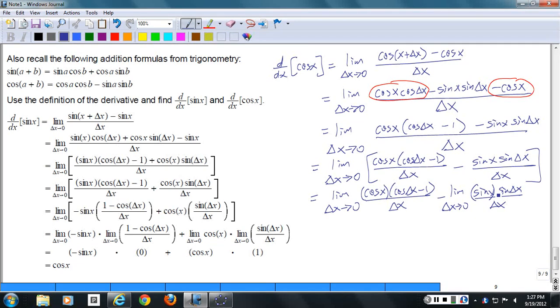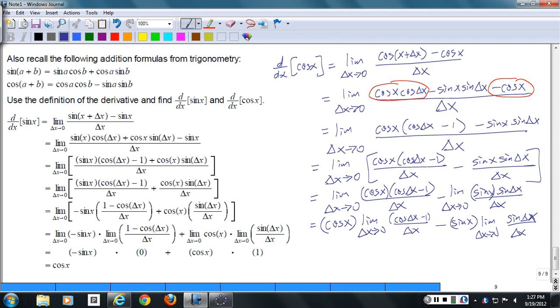They're like constants, exactly. So it's going to be cosine x times the limit as delta x approaches 0 of cosine delta x minus 1 over delta x minus sine x times the limit as delta x approaches 0 of sine delta x over delta x.